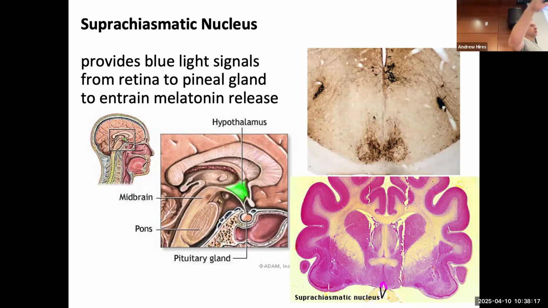So you'll get some drift over time. What the suprachiasmatic nucleus does, through its impact on the pineal gland, is take the overall light cycles of the day and modify the output of the pineal gland so that we entrain our circadian rhythm to a 24-hour light cycle.